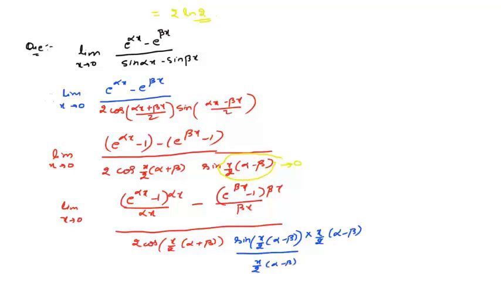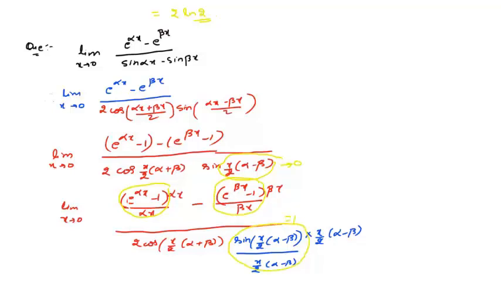Now if you observe this, in the numerator this has become alpha. This will be 1 in numerator, this will be 1, this will be 1, this will be 1, and in denominator the value of this will be 1 by use of standard limits.